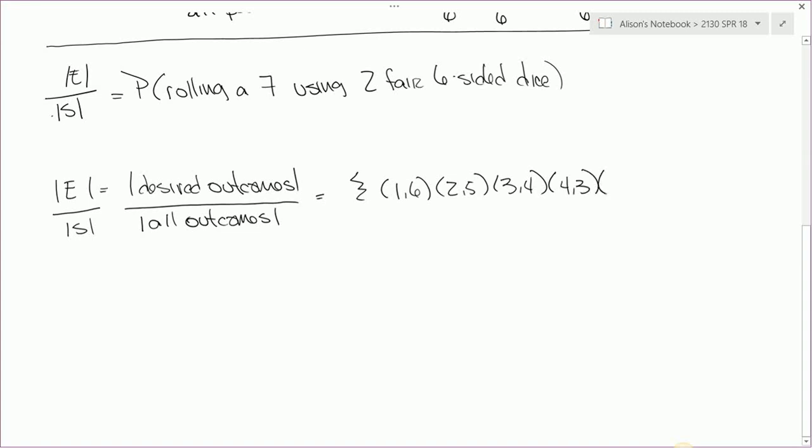These are going to be separate because I have 2 dice. Then I can roll a 5 and a 2, and a 6 and a 1.